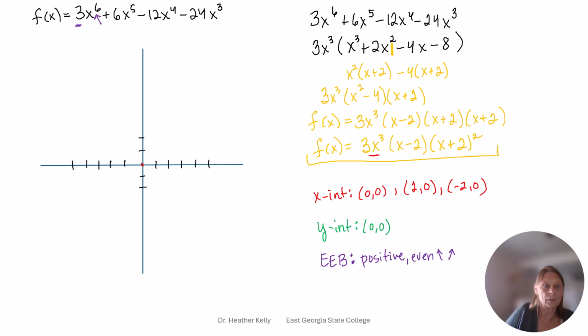I have 0, 0. I have 2, 0. I have negative 2, 0. And my y-intercept is also 0, 0.